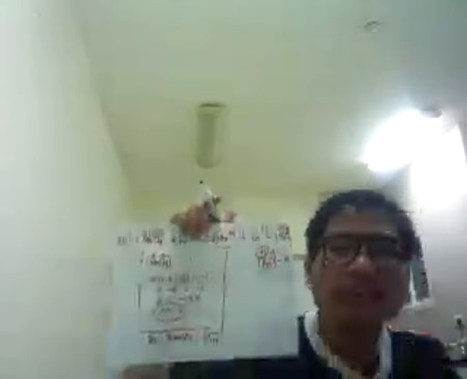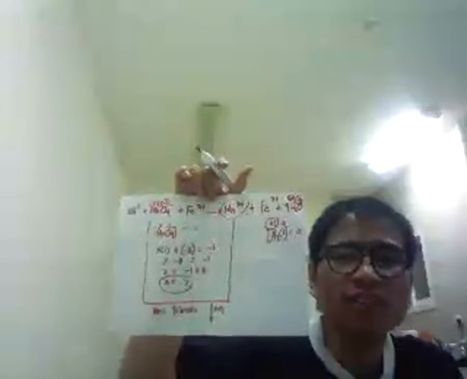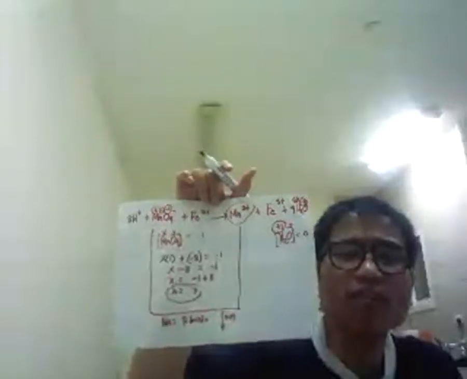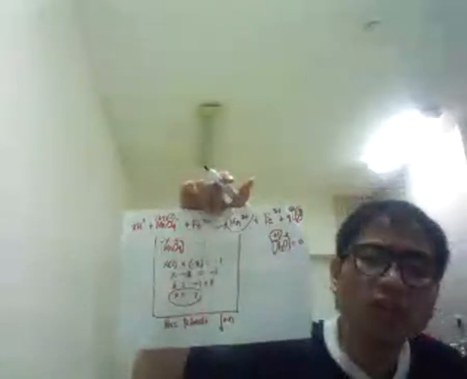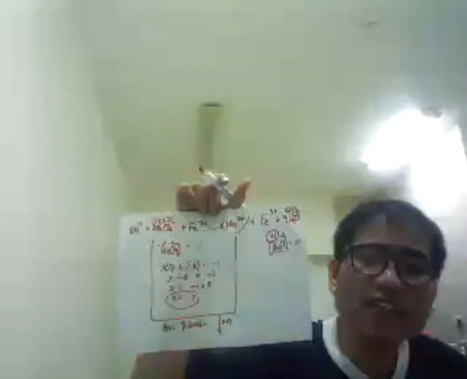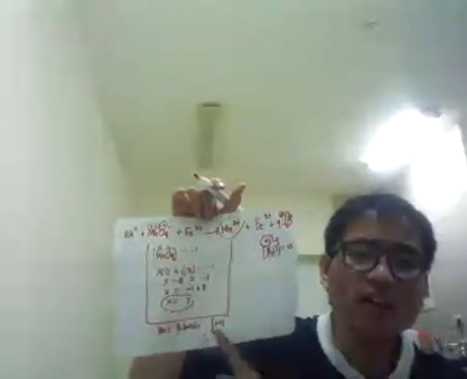So the oxidation number goes down, from +7 to +2. That is a decrease in oxidation number, arrow down. ON, oxidation number, arrow down. That is reduced.